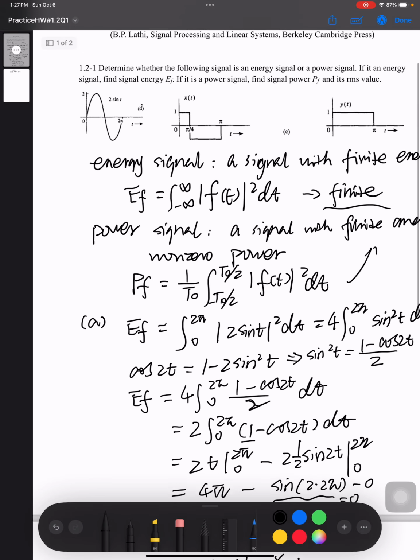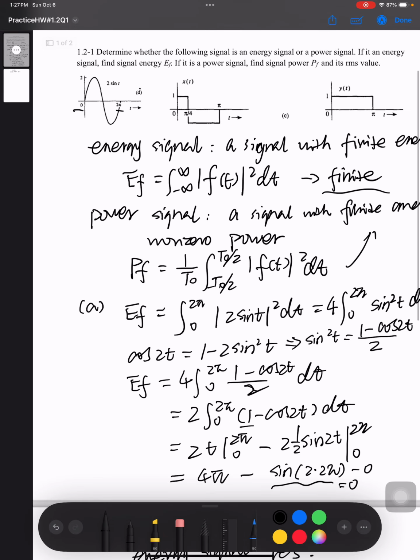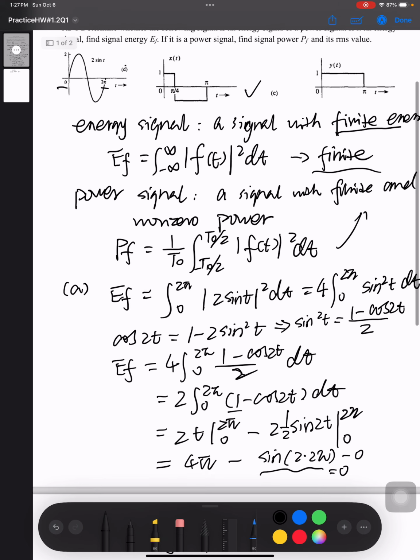For the second question, it has a finite integral of this expression, so it is also an energy signal.